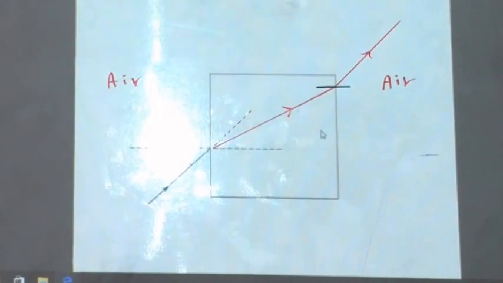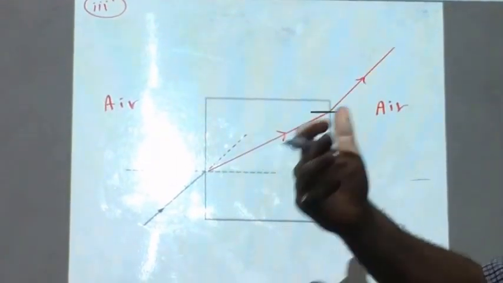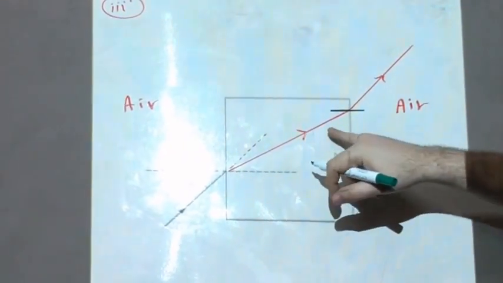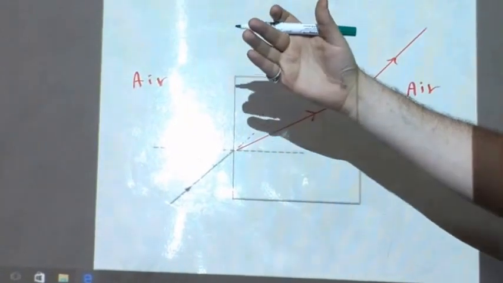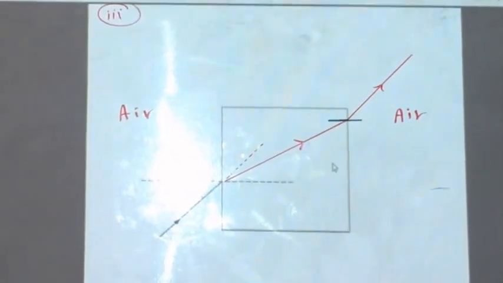This is what he wants you to understand. Will it disperse away or towards? Does it disperse with an angle less than the angle of red or more than the angle of red? You can understand what he wants, not with precision.